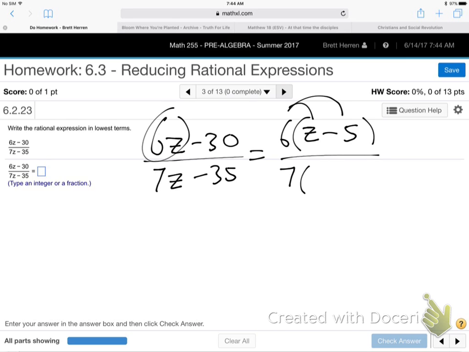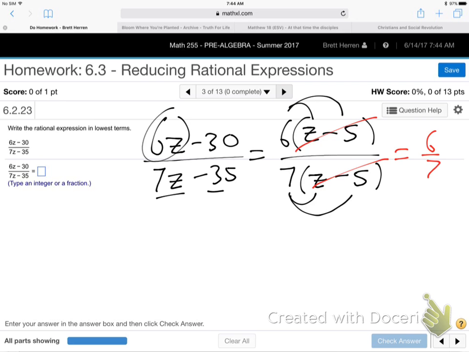They have a 7 in common. 7 times z, and 7 times 5 would be 35. Are we good with that? And then, what are we allowed to do from there? Well, those match, so just cancel those out, and we get 6 over 7.